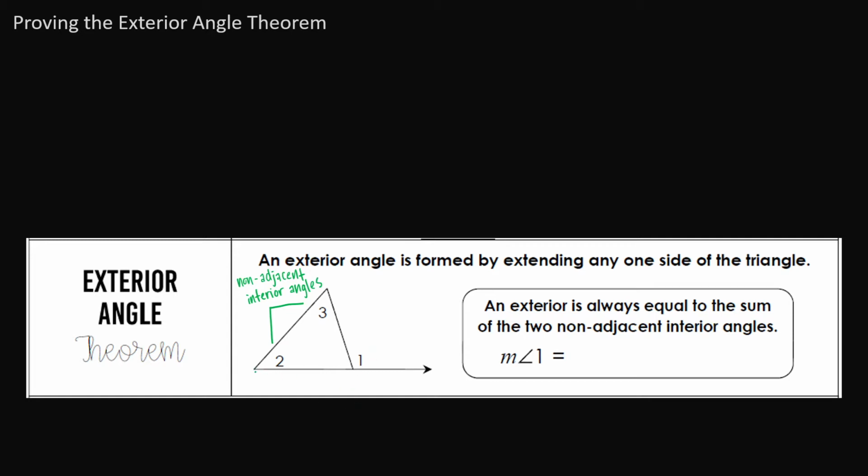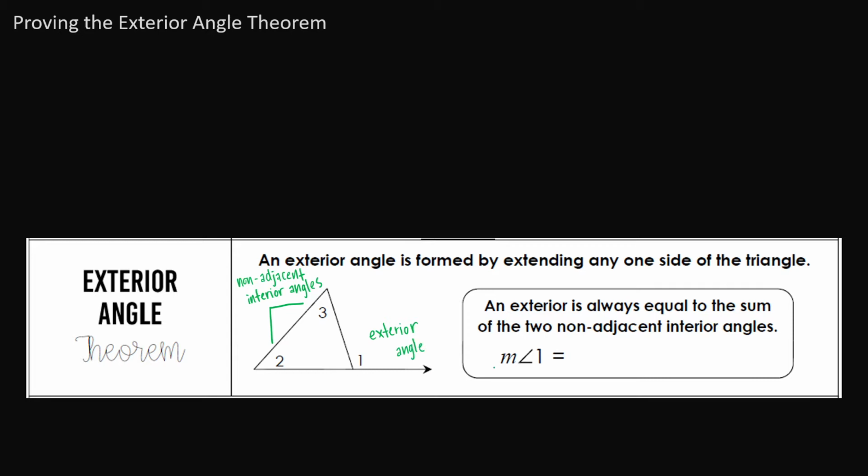So what we've done is we've extended the line that forms the base of this triangle, and that includes angle 1. Angle 1 is an exterior angle because it's outside the triangle.